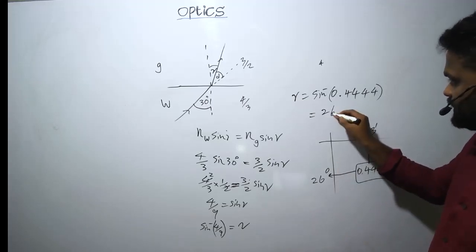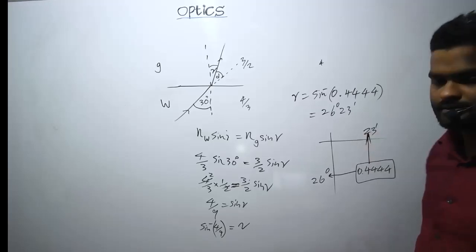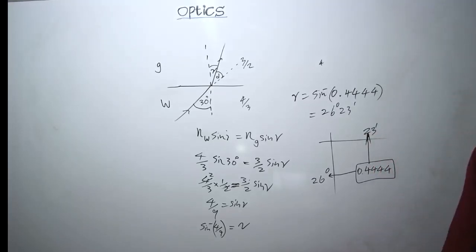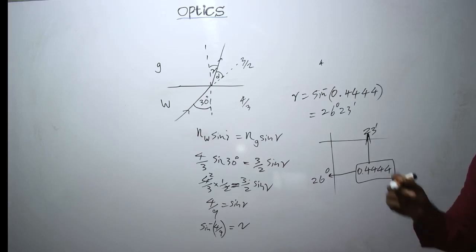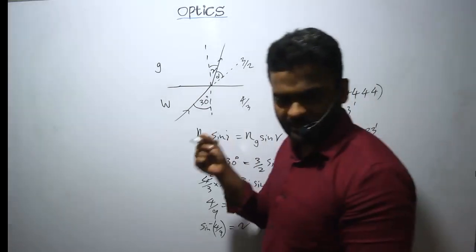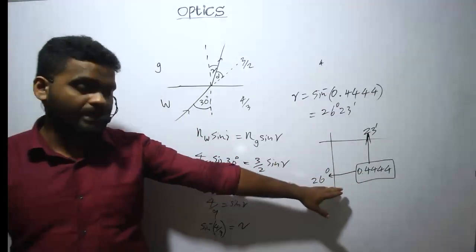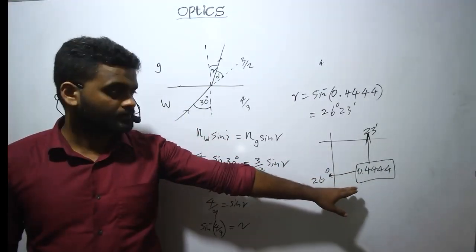So the refracted angle is 26 degrees, 23 minutes. Refer to the sine table. You have to practice that. When we are discussing prisms, we will often have to use this.